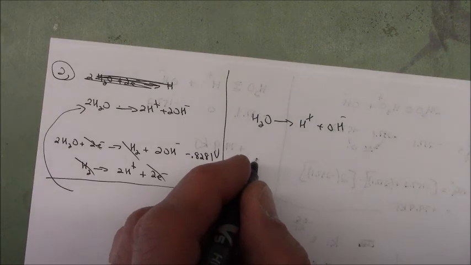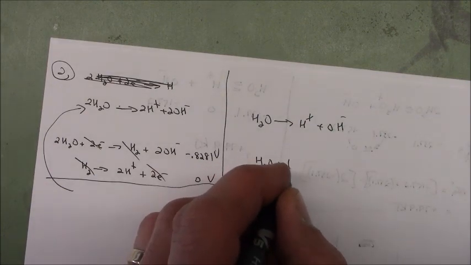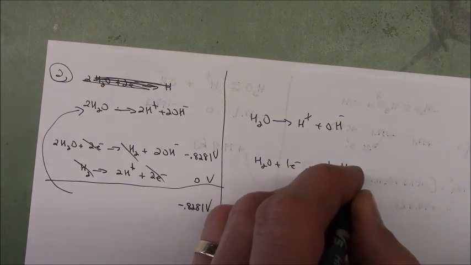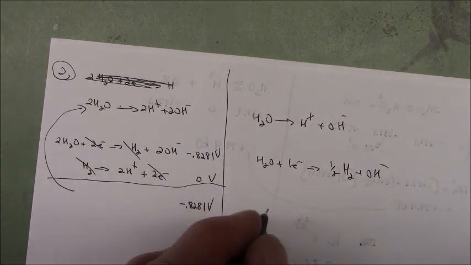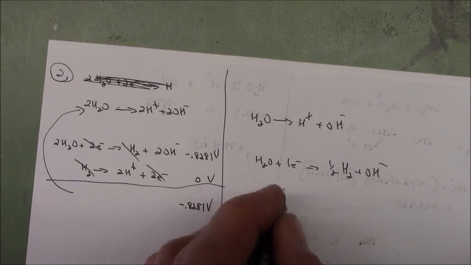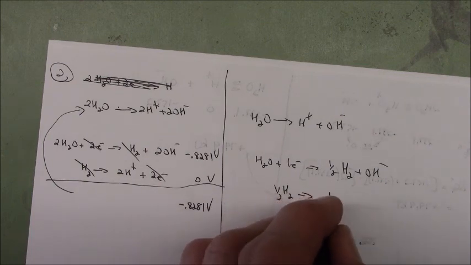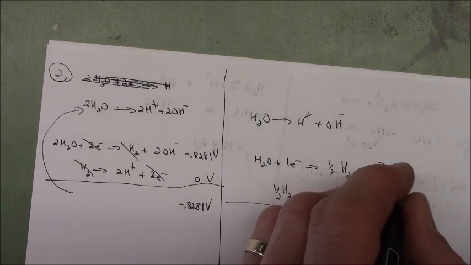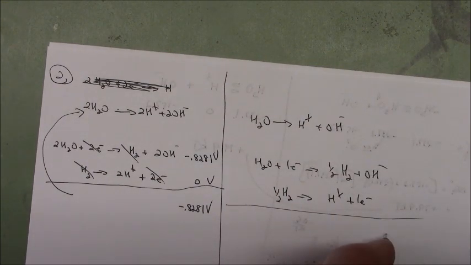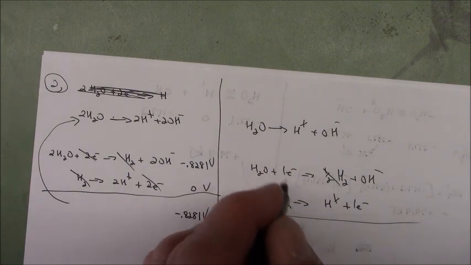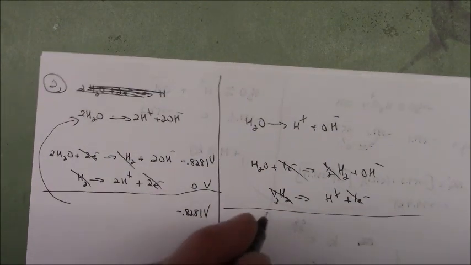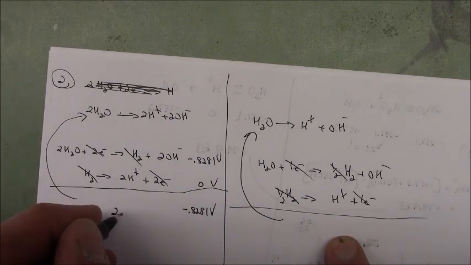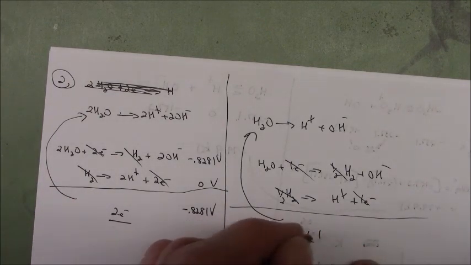This one, you would only have H2O plus 1 electron, half, and then you would have half H2 plus 1 electron. Your E naught is still going to be the same, so this cancels. You get that. This one is 2 electron transfer, this is 1.